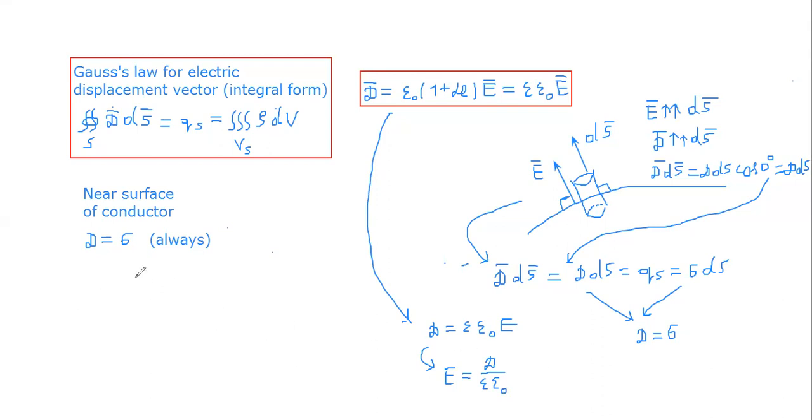So we have E is equal to sigma divided by epsilon 0.